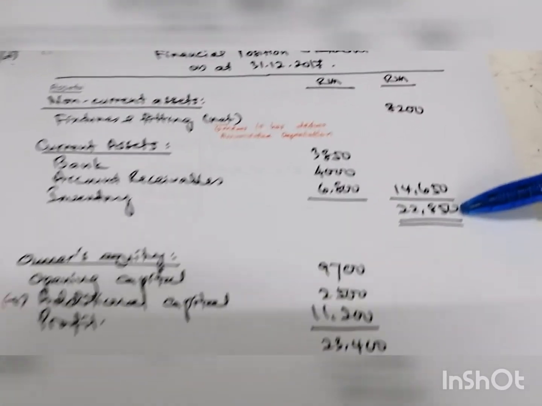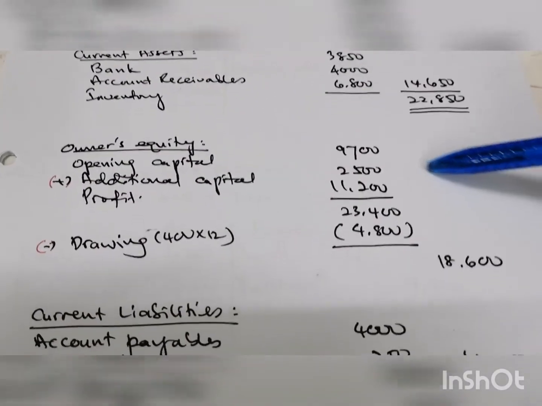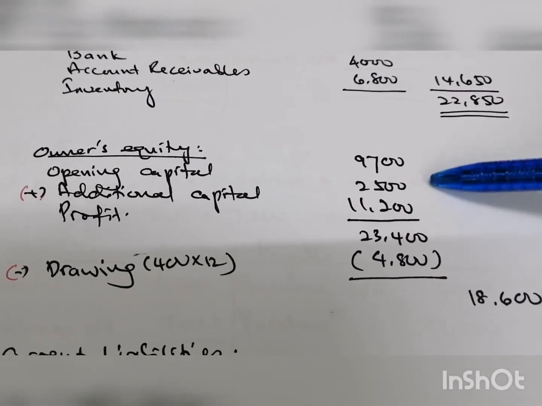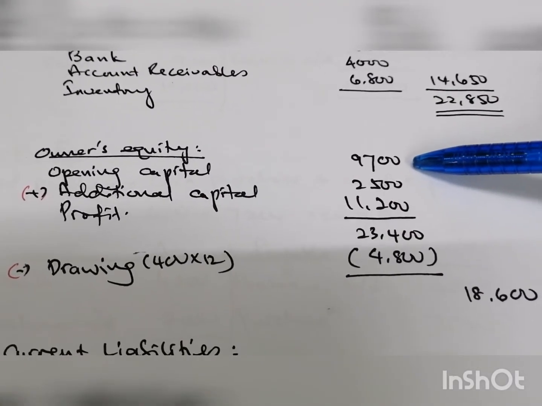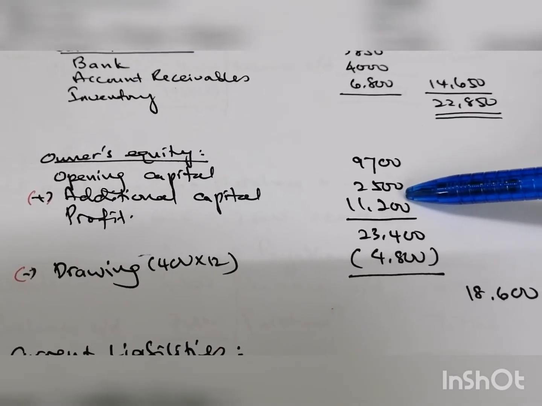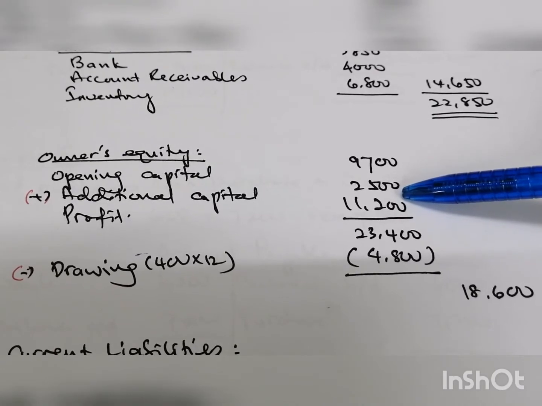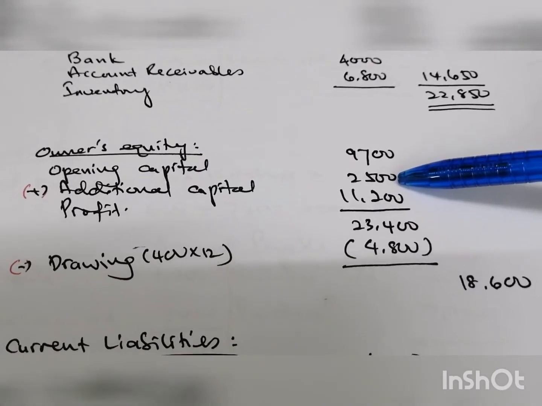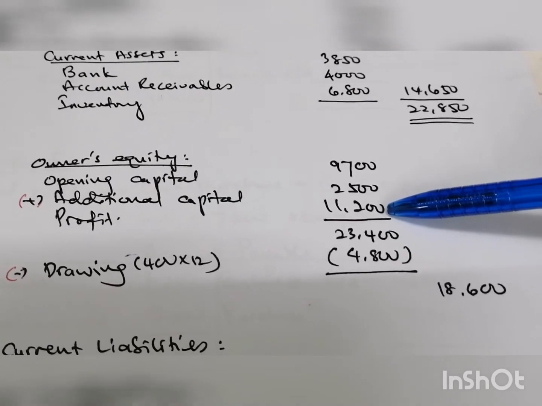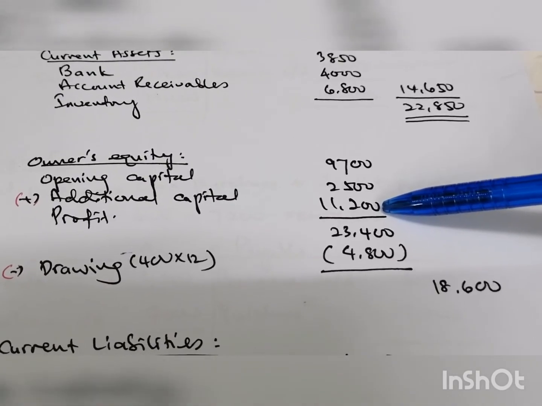Now look at the owner's equity. In owner's equity, we have opening capital 9,700 plus your additional capital 2,500, add on your profit 11,200.